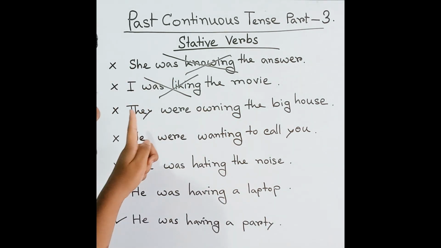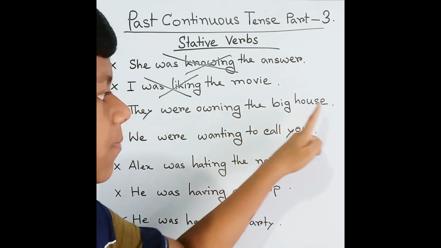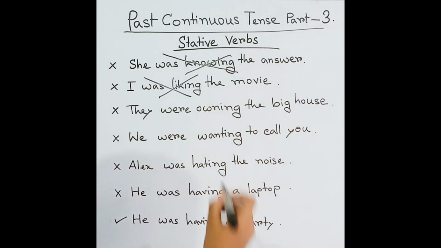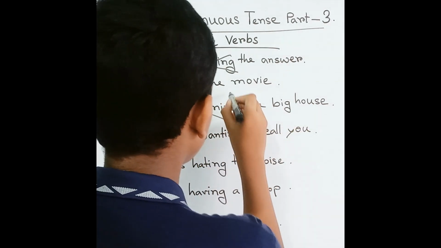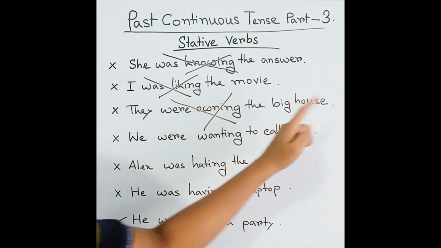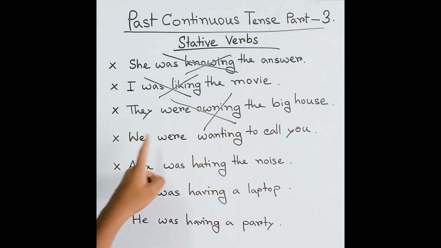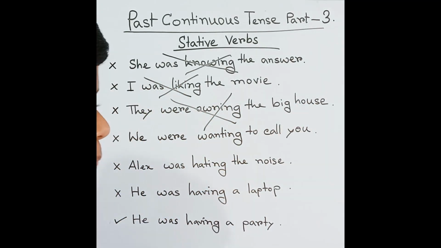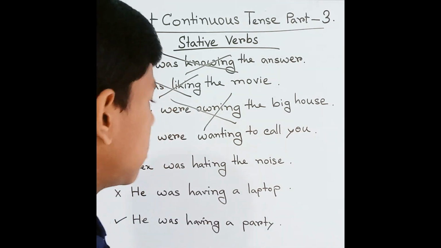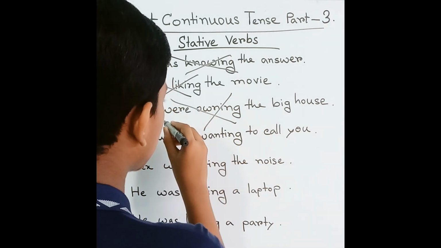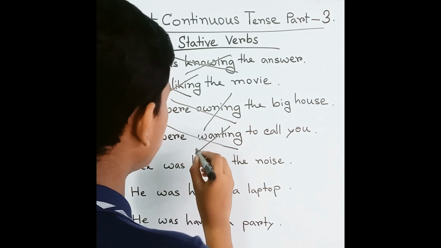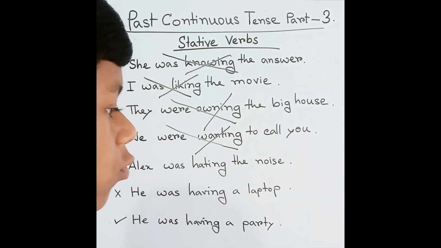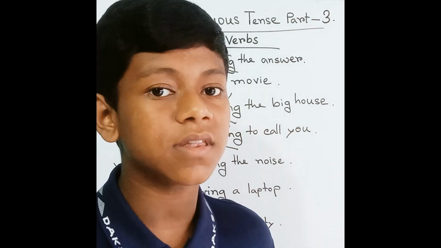The next is "they were owning the big house." We can't use "were owning." And "we were wanting to call you" is also incorrect, because want is a common stative verb.